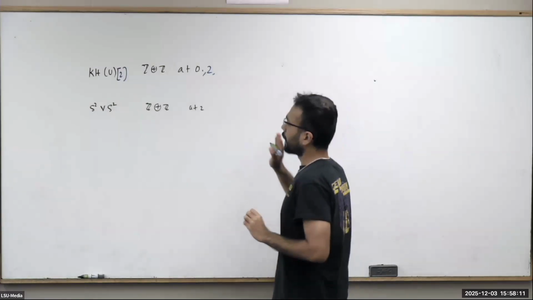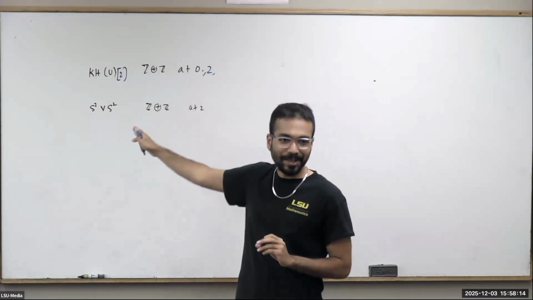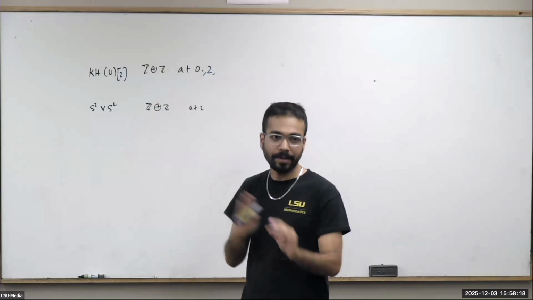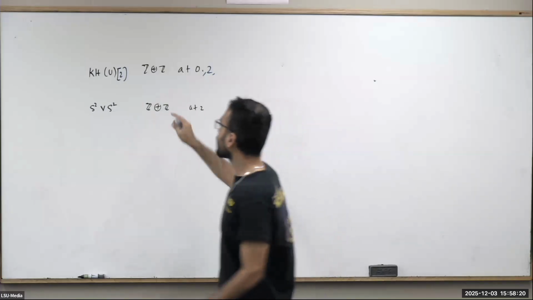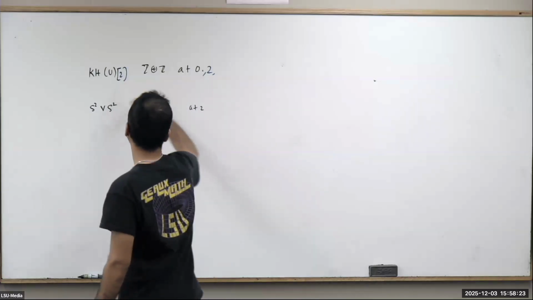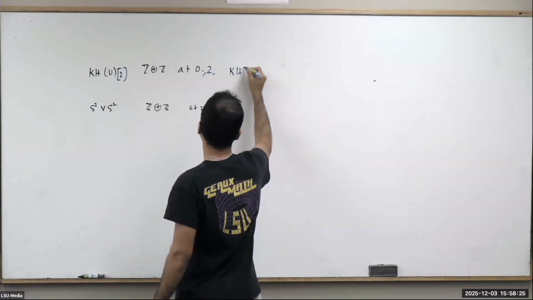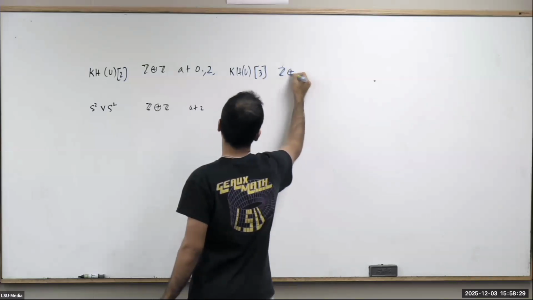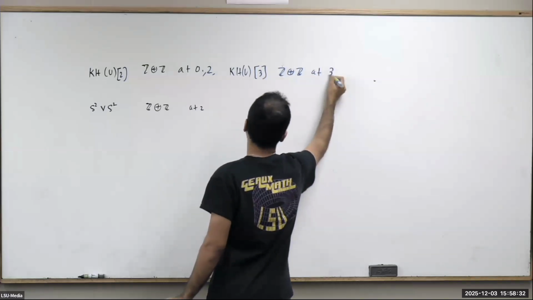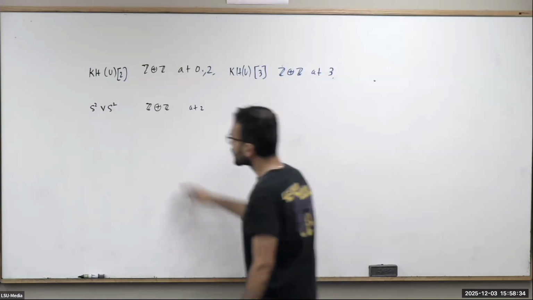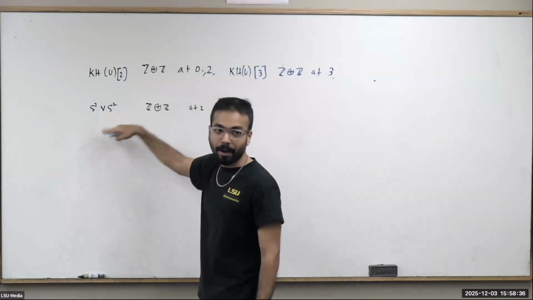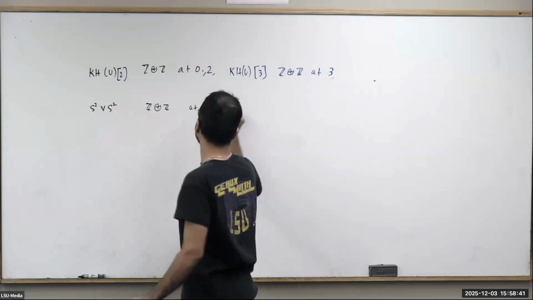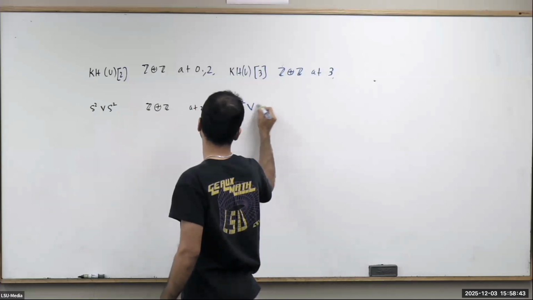Now note that since Khovanov homology is a homology theory, I can shift it up and down as I want. For example, KH of the unknot shifted by 3 will be Z direct sum Z at 3, 0 elsewhere. Similarly, I can shift the space upwards. I can always shift a sphere upwards by taking its suspension.